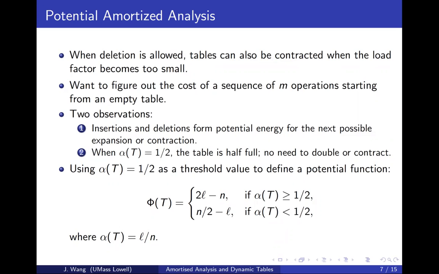When the load factor is at least 1/2, greater than or equal to 1/2, at least half full. So this load factor, let's write it as alpha of T, which is L of n. When this is greater than or equal to 1/2, it really means that 2L is greater than or equal to n. So we look at the difference to measure the energy in that case. So this is then 2L minus n.